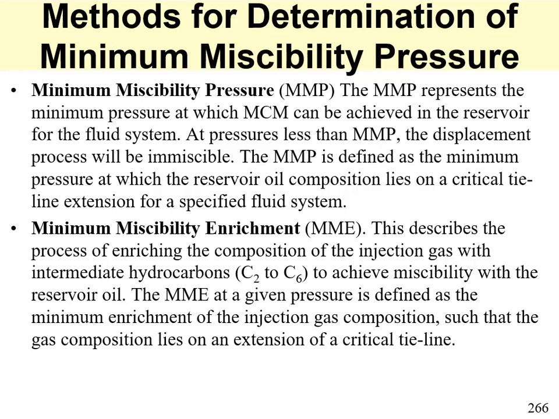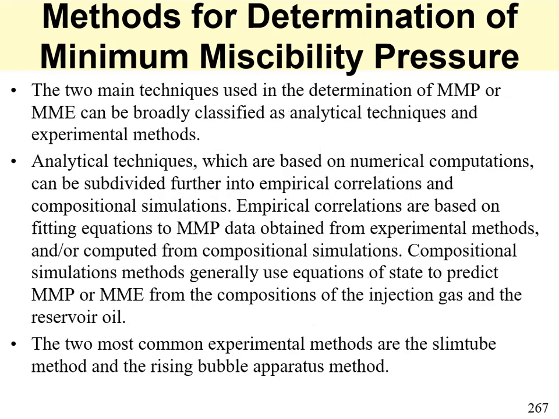So you could also look at these two in the light of the vaporizing gas drive and the condensing gas drive. Vaporizing gas process and the condensing gas process. So these are two related terms, but which both aim towards achieving miscibility.